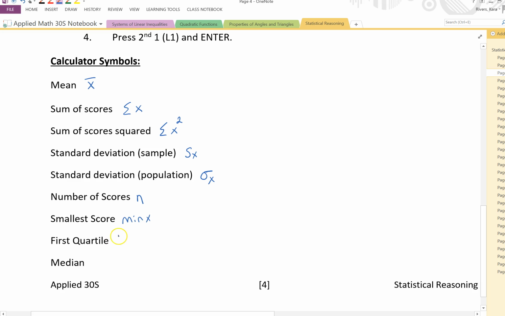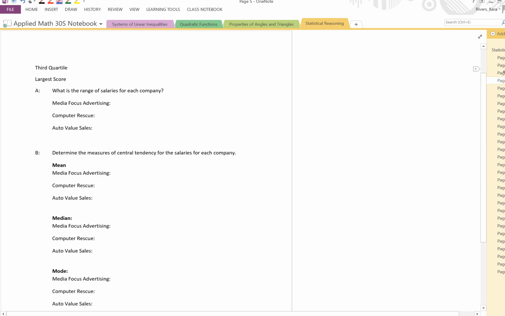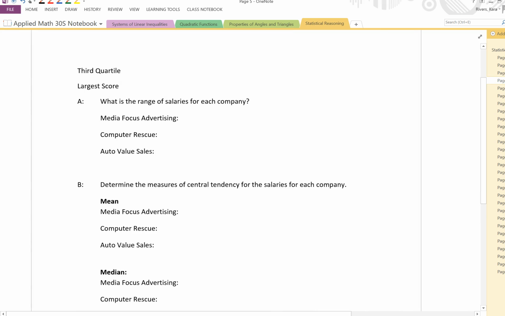The first quartile is Q1. The median, we're going to be using that a lot. Med, which is your quartile 2. Continuing on the next page here. The third quartile is Q3, and the largest score is max x. Okay, so we have all of those in there.